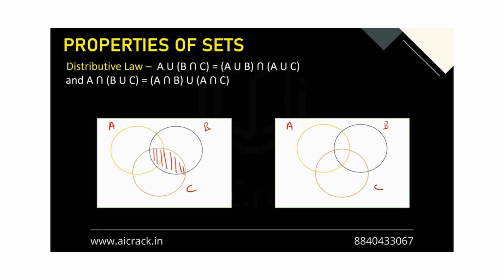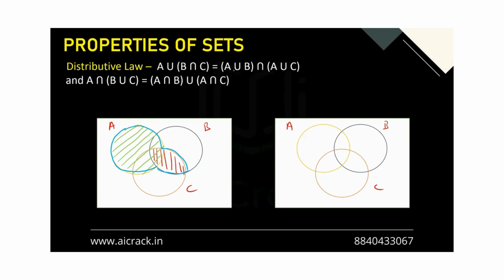And we have to do the union with A. So these are the elements of A. And when we are doing the union of B intersection C with A, eventually we're getting this region. This is the region we are getting.